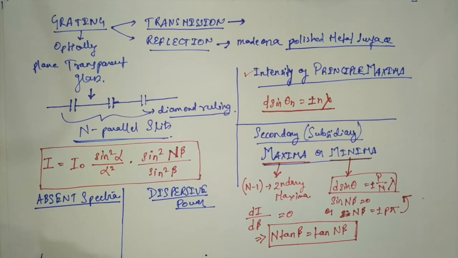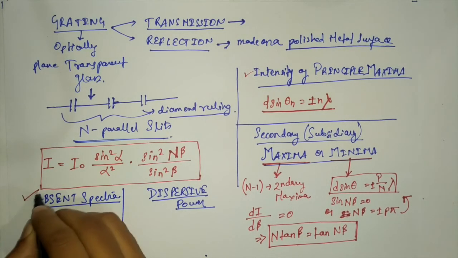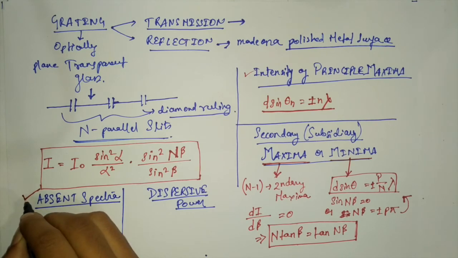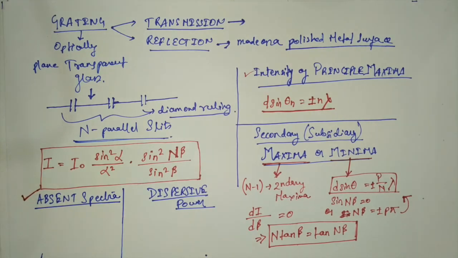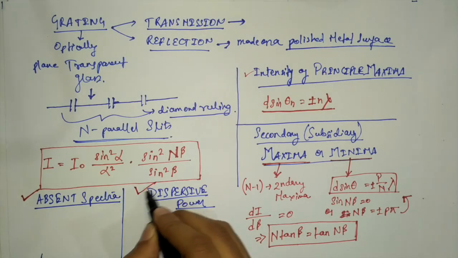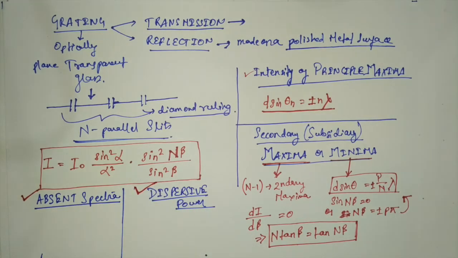Now let me write down the formula for two important topics. These are not so frequent in exam, but the formula can be useful. That is absent spectra and dispersive power of a grating. So the condition for absent spectra will be (a+b)/a = n/m.